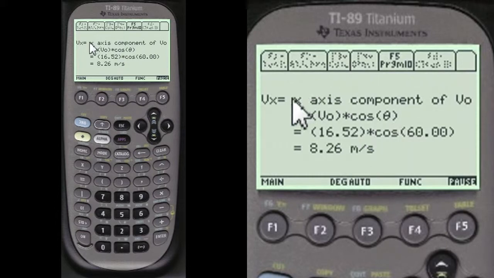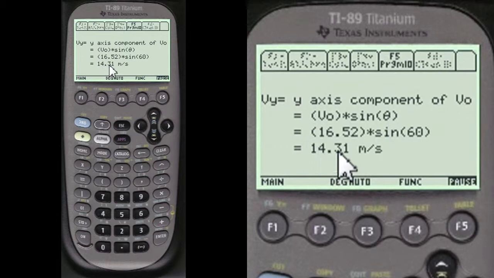So the x component of velocity in every problem is V0 times cosine of theta, 8.226 meters per second. And the y component is the original velocity times sine of theta, and that equals 14.31. They use that in all the formulas too.